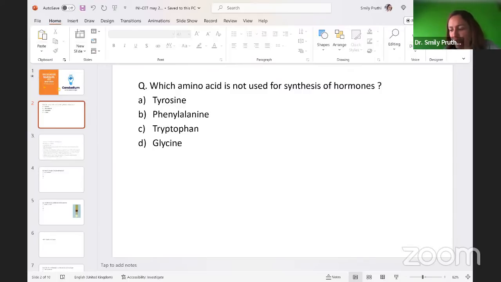Okay, this question was not there according to one student. Okay, you marked glycine. This question was there, thank God. So 2 students have said no such question.